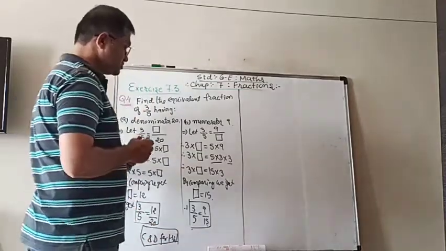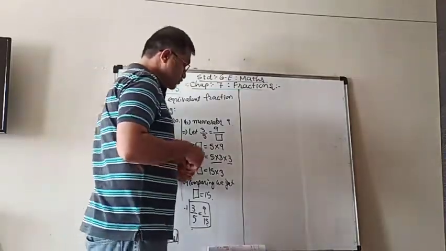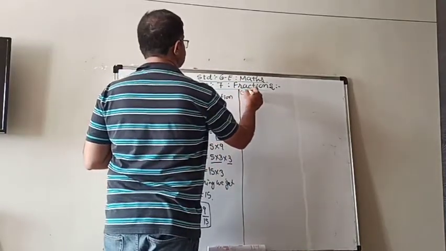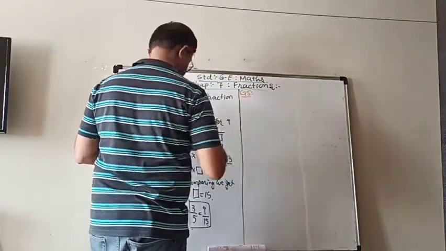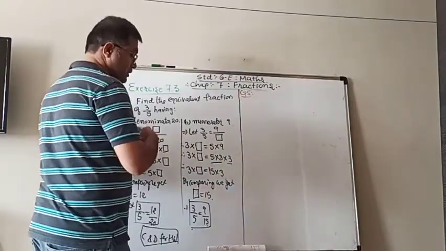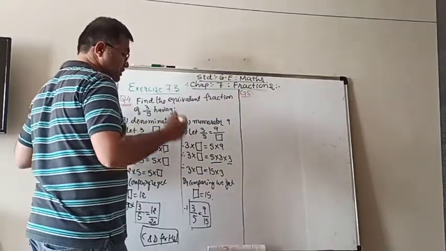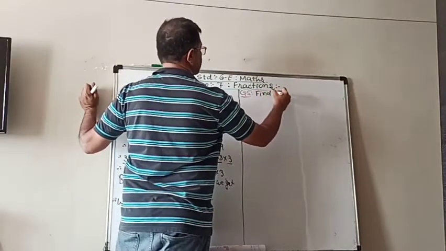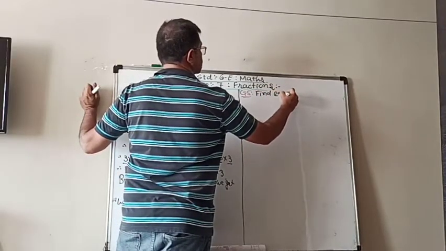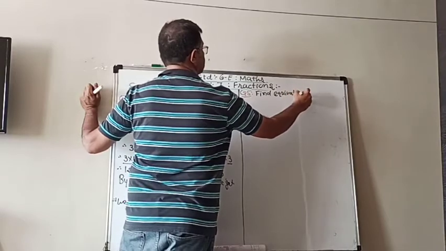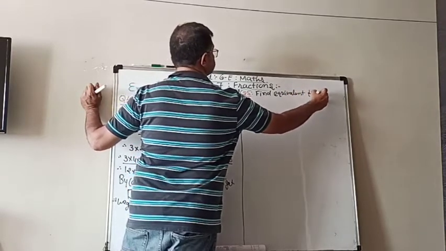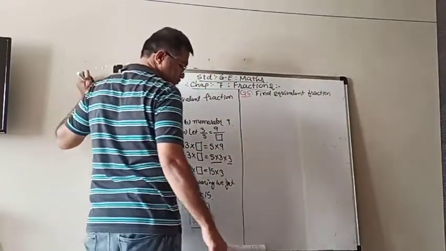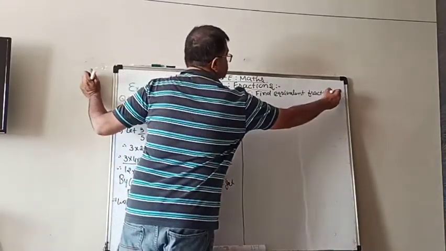So we can do the next question, question number 5. It says find the equivalent fraction. Also same but little bigger numbers there. Find equivalent fraction of 36 upon 48.